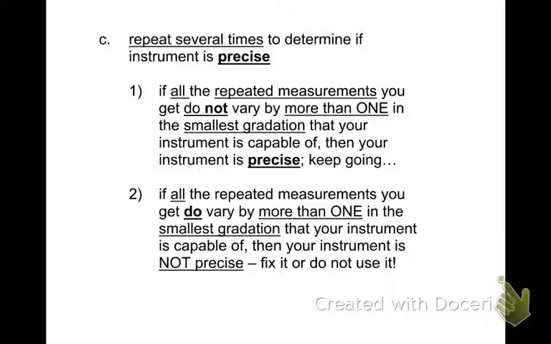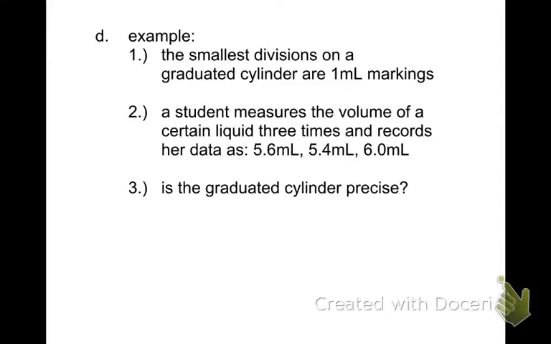Meaning, if we had taken that measurement on the graduated cylinder several times, and it didn't vary by more than 1 in the milliliters place, in the ones place, then our graduated cylinder is precise. However, if we were to repeat that measurement several times, and we do get values that differ by more than 1 in the smallest gradation, then our instrument is not precise, and we either have to fix it or not use it.